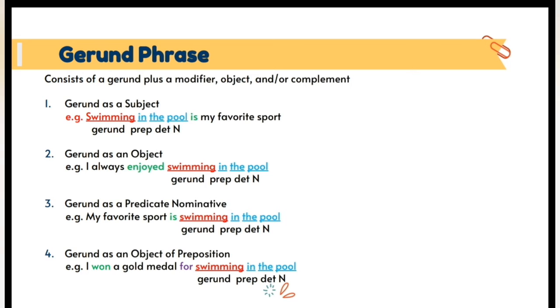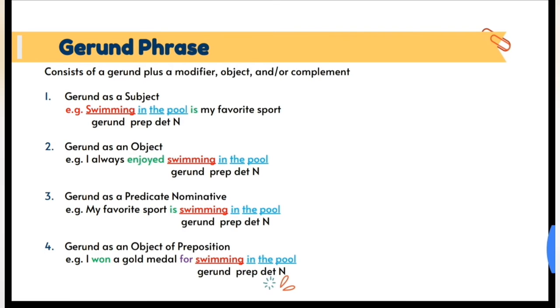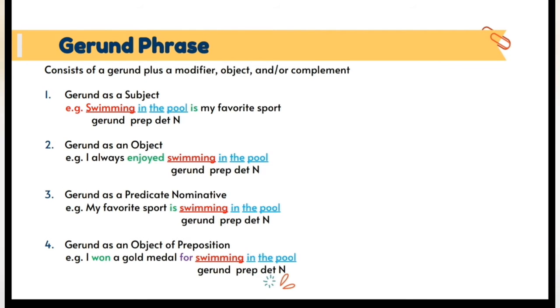The next is gerund as an object of preposition. For example, "I won a gold medal for swimming in the pool." Swimming here is gerund, in the pool is prepositional phrase. Here, gerund as an object of preposition. So here the gerund is the object of the preposition.